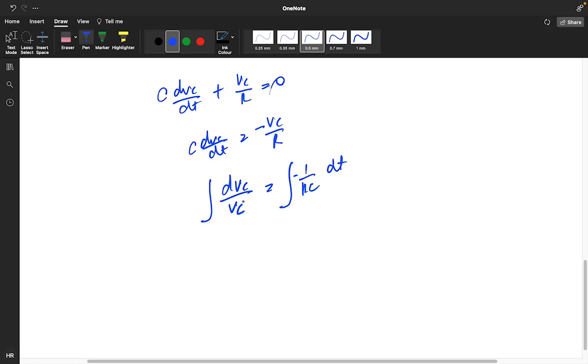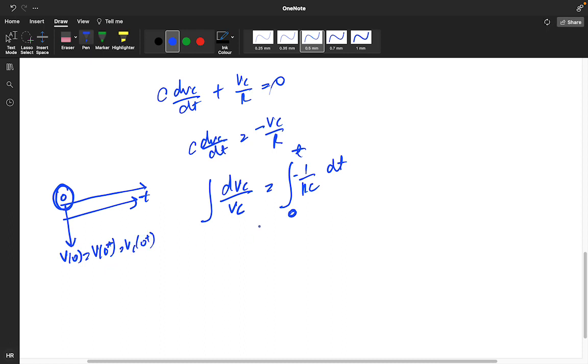Now the condition is what? We are finding the value of VC of t from 0 to t. And we know that at 0 time we have VC of 0 minus, which will also be equal to VC of 0 plus.